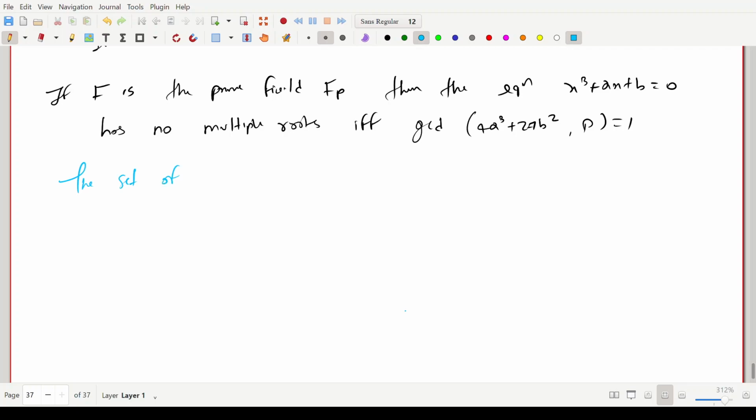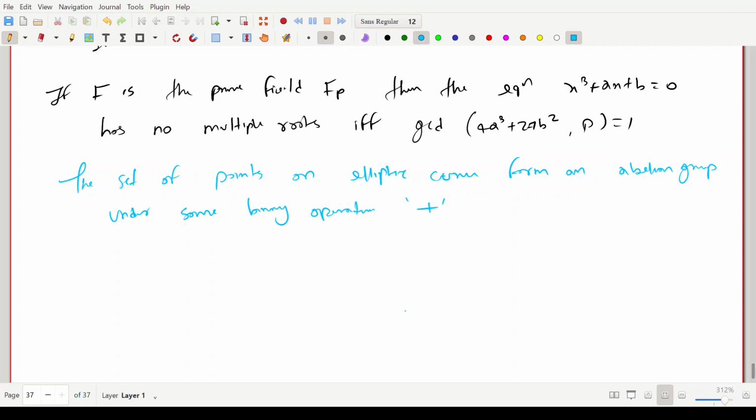The set of points on elliptic curve form an abelian group under some binary operation plus as defined below.